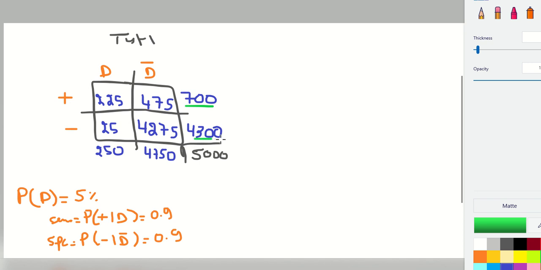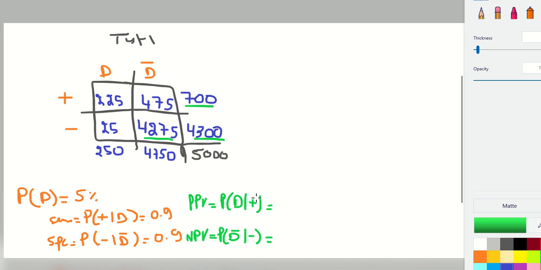And if I tested negative, what are my chances that I'm actually healthy? That's what we call the positive predicted value and the negative predicted value. The positive predicted value, the PPV, is the probability that the woman actually has diabetes if she tested positive, and the negative predicted value is the probability of the woman being actually healthy if she tested negative.